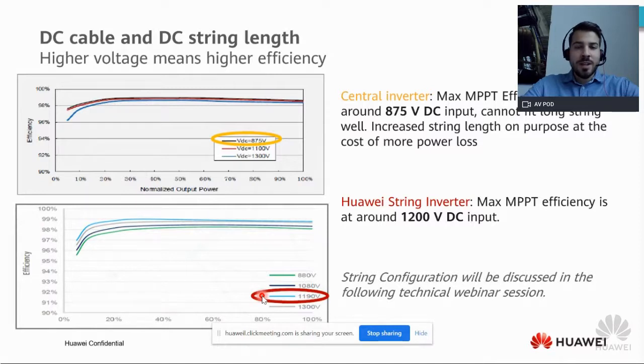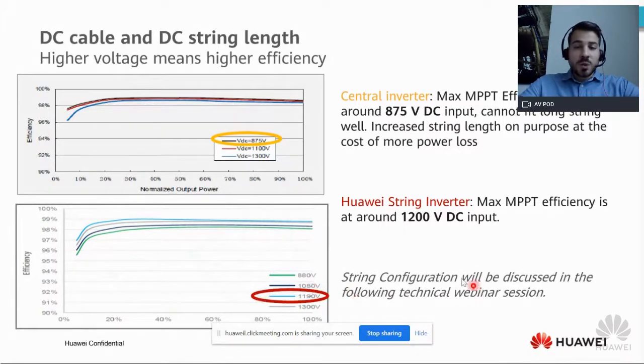This way, most of the time the DC voltage will not be close to the open circuit voltage, but it will be close to the maximum power point of the whole system. So it's better to use as many panels as you can.